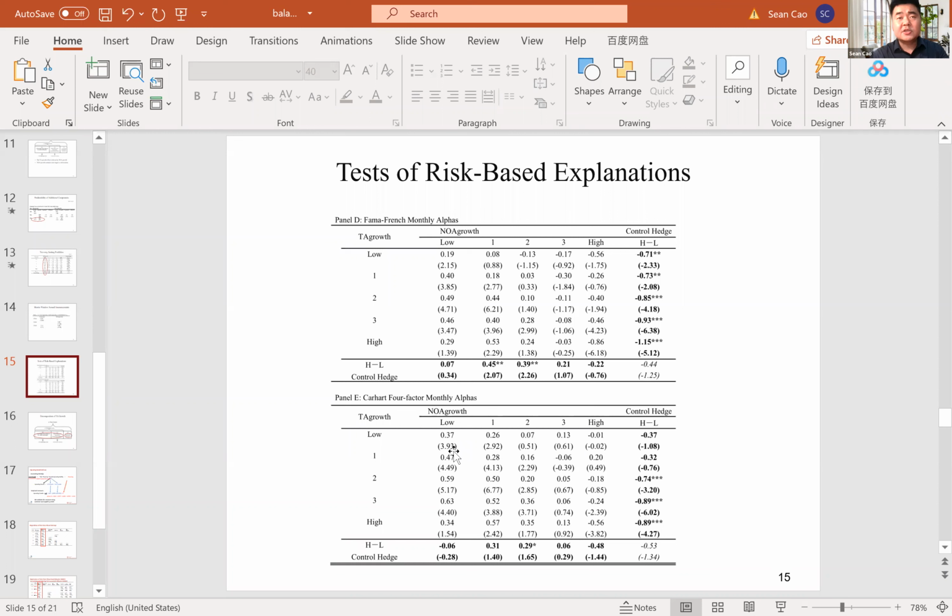So the idea here is the strategy works for buy and hold 1 year. It works for the 3-day short window. It works when you adjust for Fama French 3 factors. It works when you adjust for 4 factors. So you think about all the ways that could affect the risk and the signals.